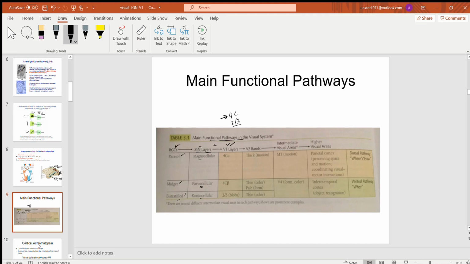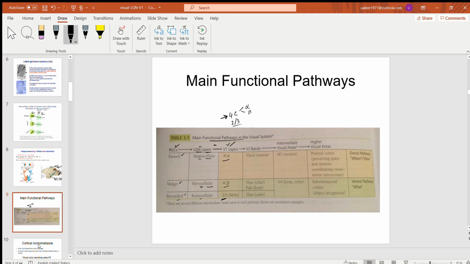Layer 4 has A, B, C, and layer 4C also has alpha and beta. So 4C alpha and beta receive input from the magnocellular and parvocellular layers of the lateral geniculate nucleus, and layers 2 and 3 receive input from koniocellular, okay?